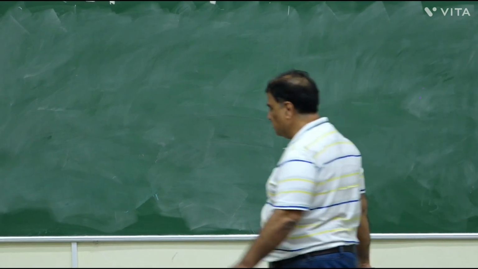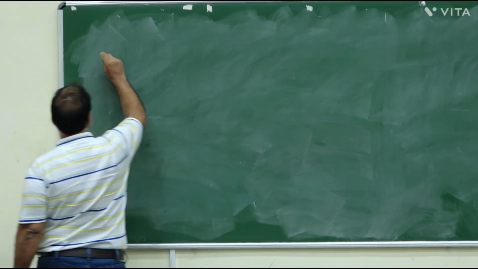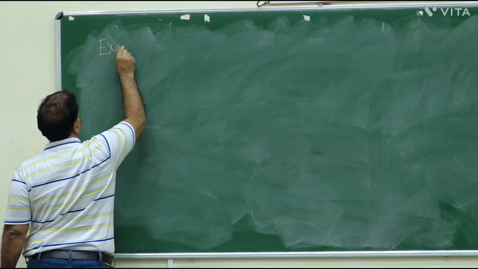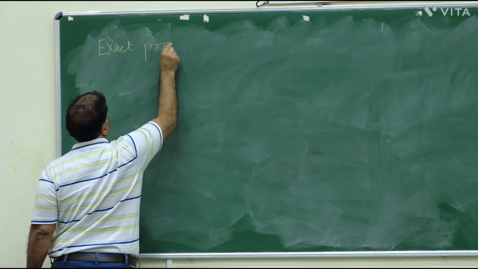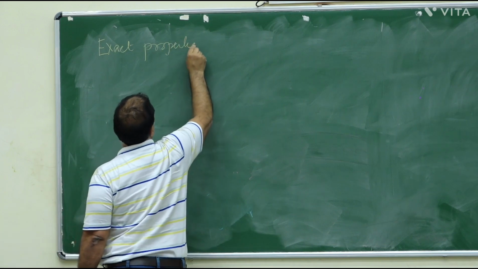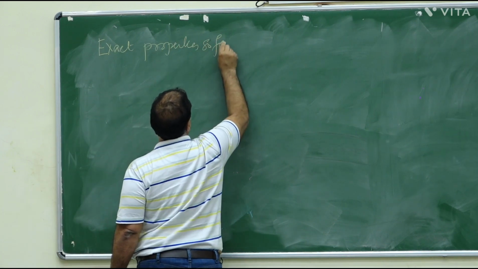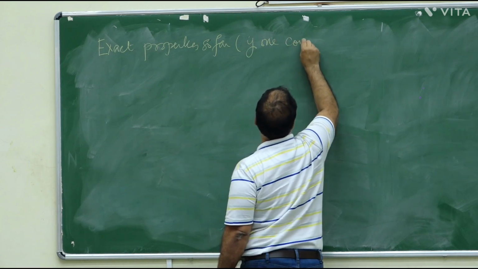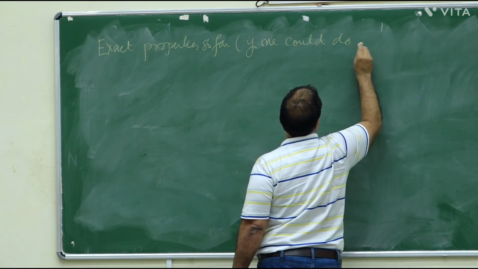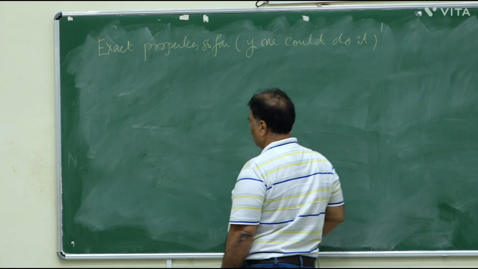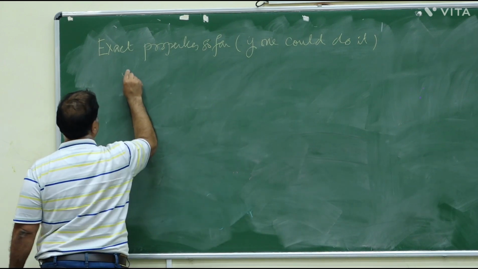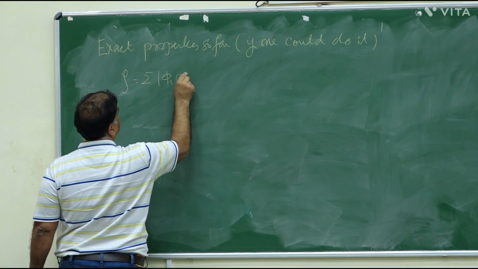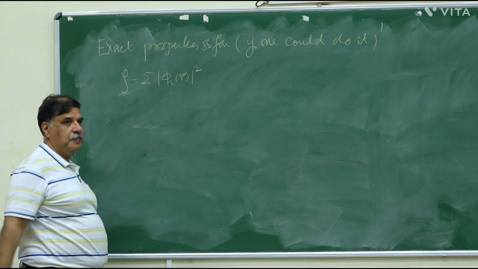Okay. Let's get to some exact properties. So far, if one could do the Kohn-Sham system, it is giving you rho, which is the summation of phi_i squared.